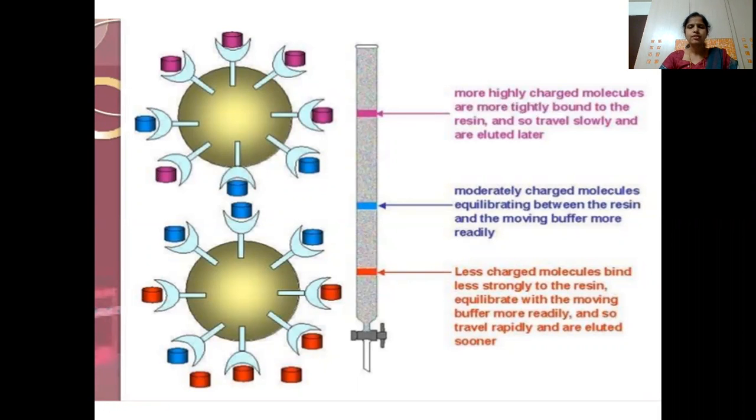If all three components have different charges, the higher charged molecules will have more affinity towards the ion exchanger resin, and therefore will travel slowly or be eluted later. This blue colored one is moderately charged, so it is in between these two extremes. Then this first one has less charged molecules. They bind less strongly to the resin, and therefore they are eluted out first.